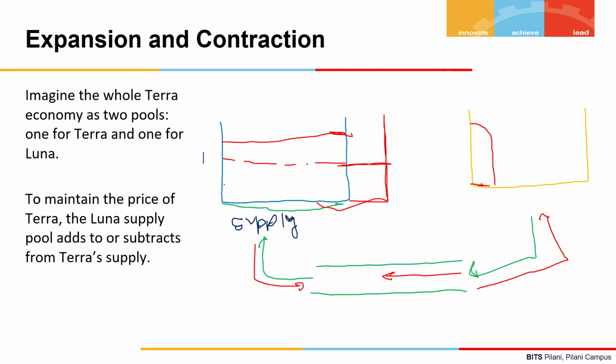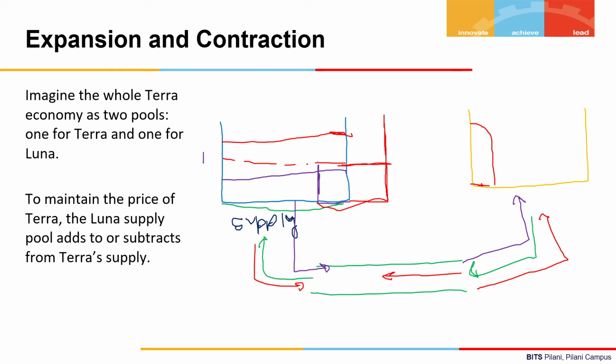Now let's assume that the price of my Terra coin is less than $1. Now what will happen is that we can take some of these Terra coins over here, and feed them into my machine, which will burn these Terra coins and generate Luna coins. Now, when I decrease the supply, what basically happens is that my container shrinks.